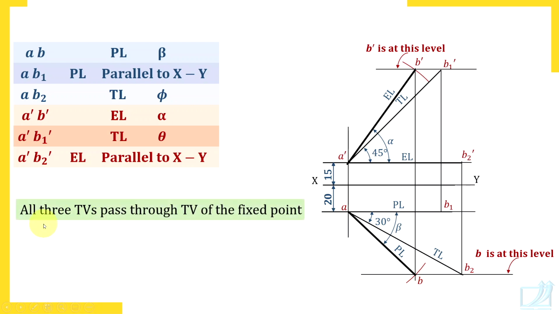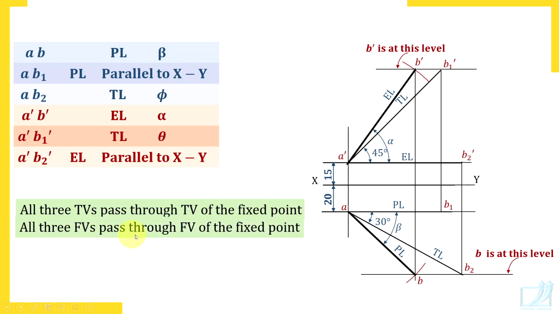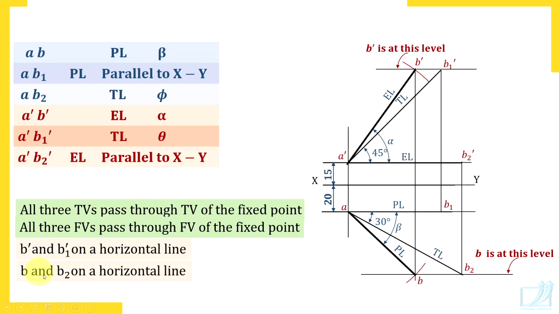So we'll mention here, all three top views pass through top view of the fixed point, all three front views pass through front view of fixed point. What else is our observation? Check here, B dash and B1 dash. Always remember, B dash and B1 dash lie on a horizontal line. B and B2 lie on a horizontal line.